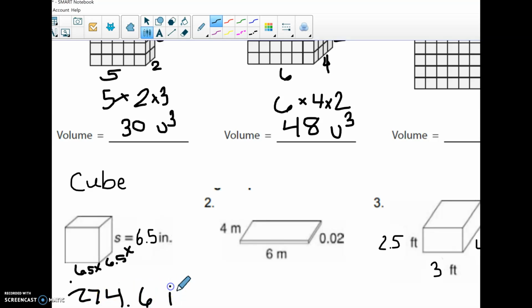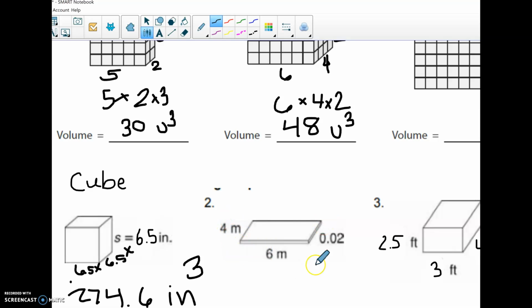That would be inches cubed. Okay, so it doesn't matter if it's a decimal or what, there's 3 dimensions they're giving you, and you multiply all 3 of them together. The 3 dimensions are length, width, and height.